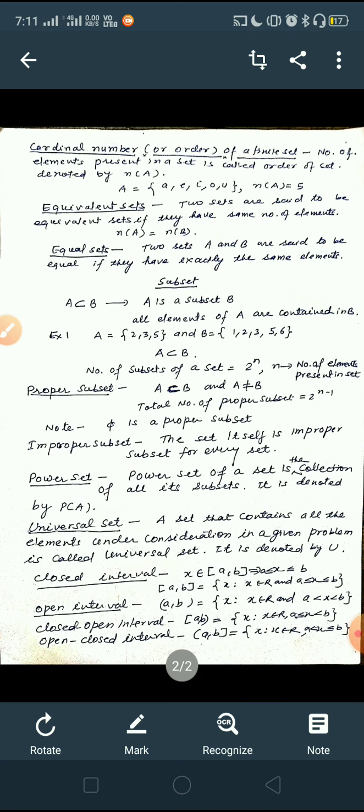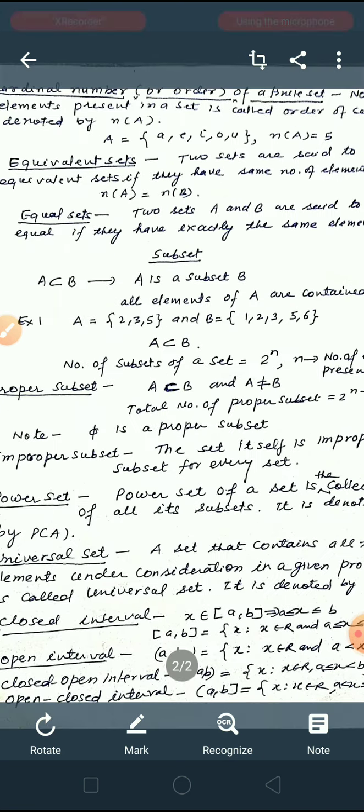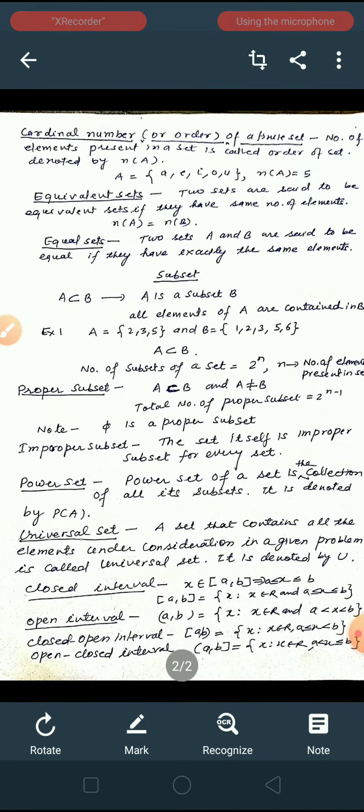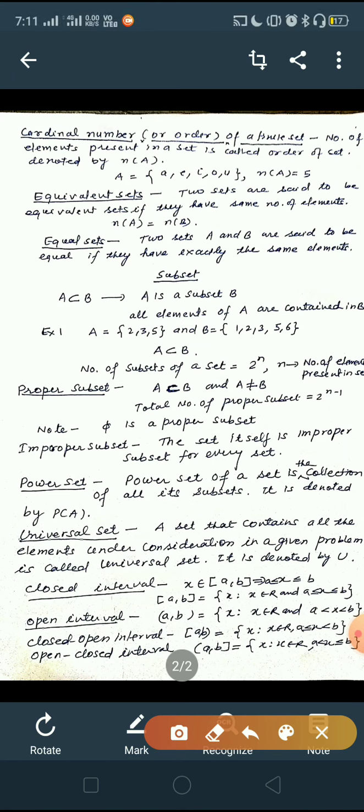The number of elements present in a set is called the order of the set. Suppose there are 5 elements, then the order of that set will be 5. If there are 6 elements, the order of that set will be 6.